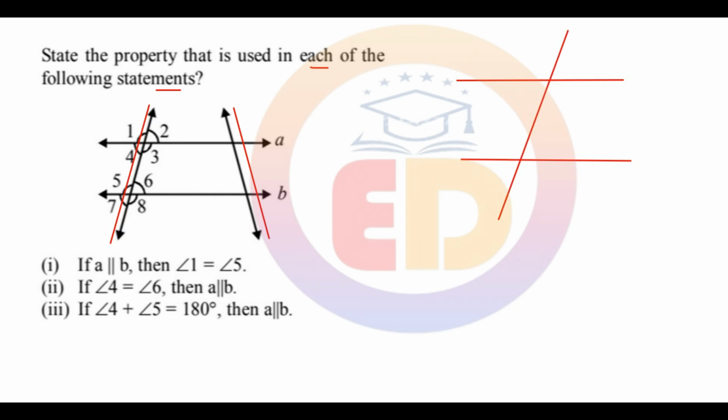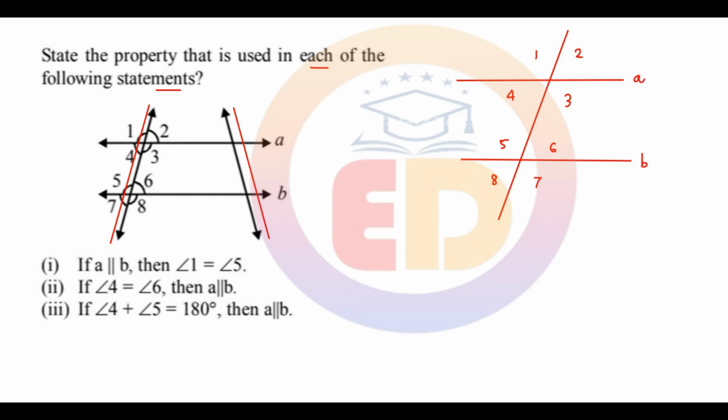For the ease of understanding, I'll just name the angles 1, 2, 3, 4, 5, 6, 7 and 8. Now let us move on to question number 1.